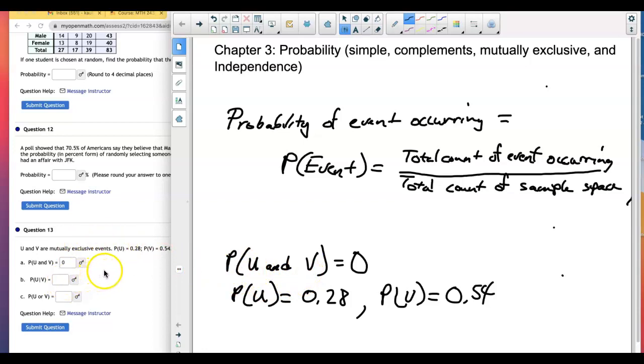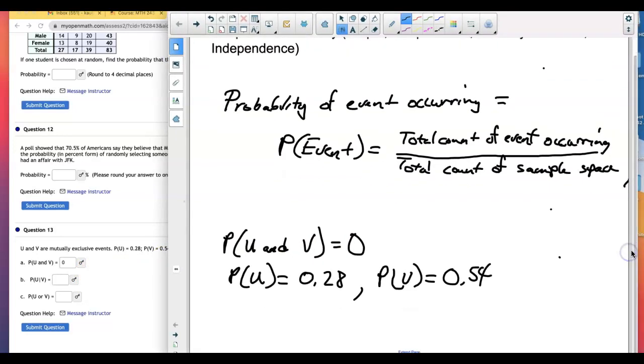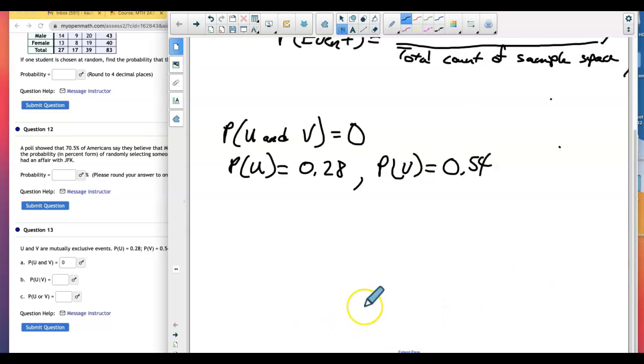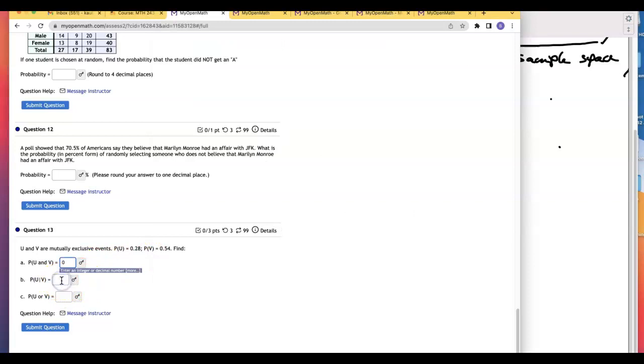Now, the probability of U given V, if we use the formula that was given to us for conditional probability, if not, you need to go back and look it up, but it's P of U given V is equal to P of U and V over P of V. Well, P of U and V, we know that's 0, so it's 0 over 0.54, which is still 0, right?